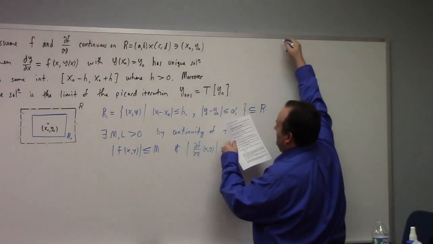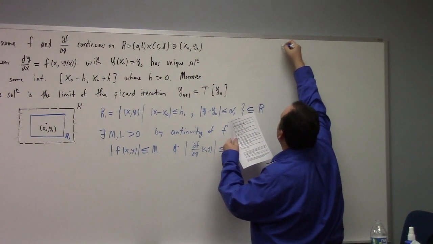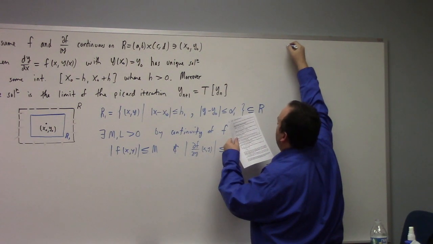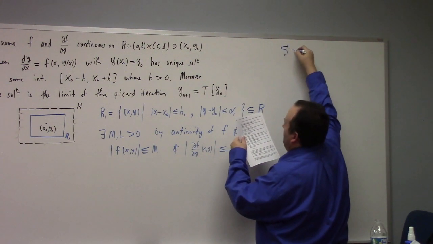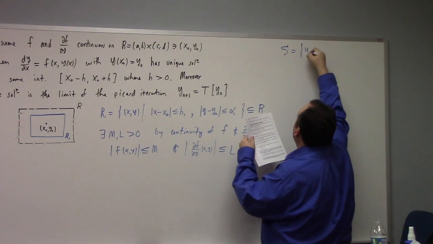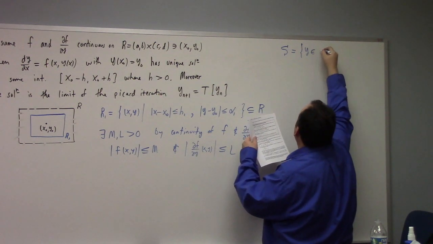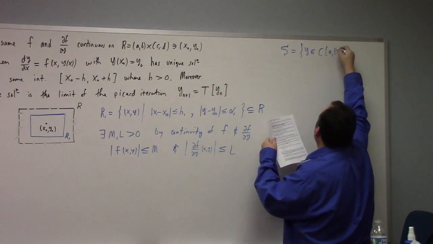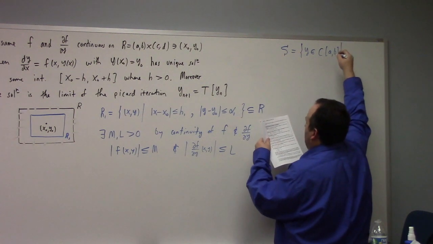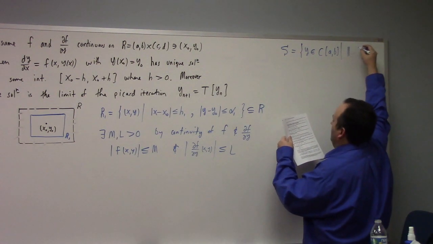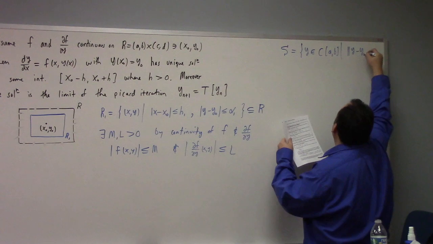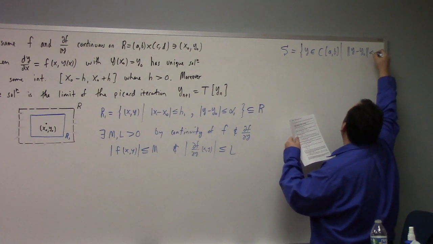So, he's got S equal to y in the continuous functions on the closed interval from a to b, such that the norm of y minus y naught is less than or equal to alpha.